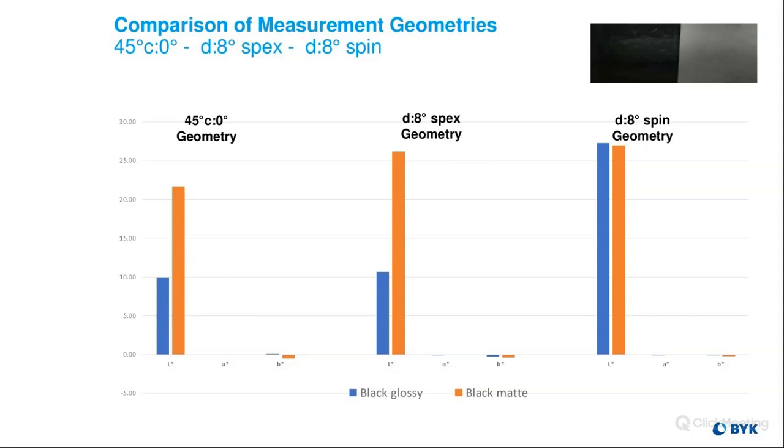Technically, if you use a spin instrument on something and you're looking for color harmony, you're probably going to get lower numbers if the formulations are close, and it's not necessarily going to match what you see visually. Does that make sense or no?